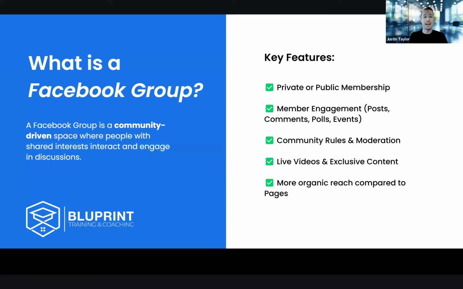For 5, 10 bucks a day, you can reach quite a few people through Meta ads, both on Facebook and Instagram. So again, the last key feature there is that organic reach in a group is going to be by far way higher than what you're going to get on your page.